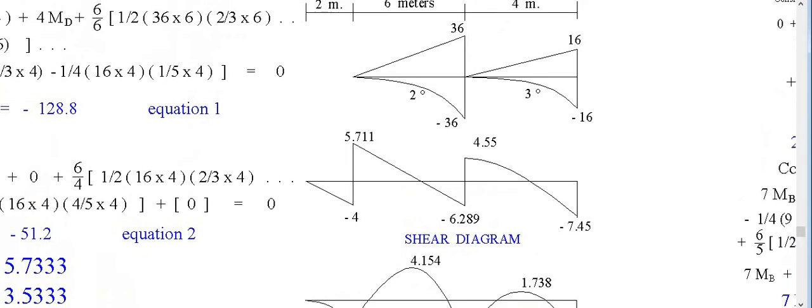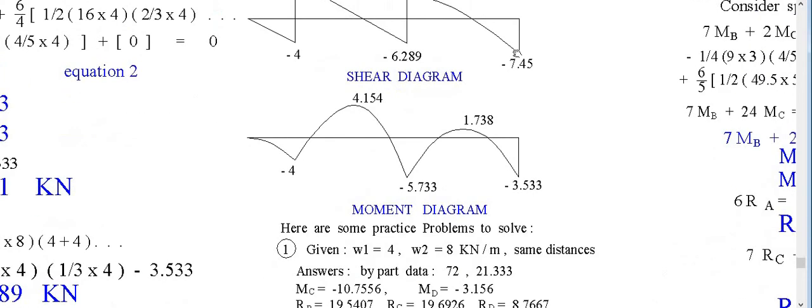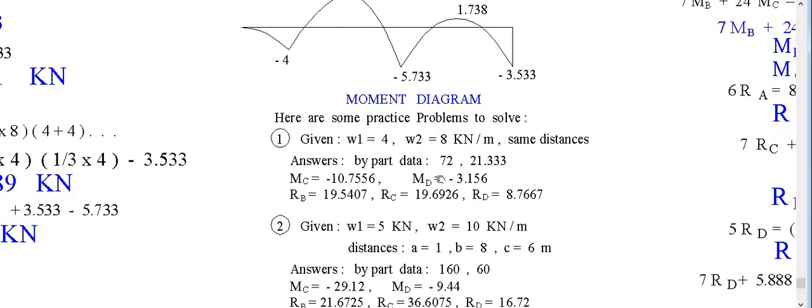Then solving for the moment by parts, instead of 36 and 16, the answer is 72 and 21.33. Then the moment at C is this one, the moment at D this.